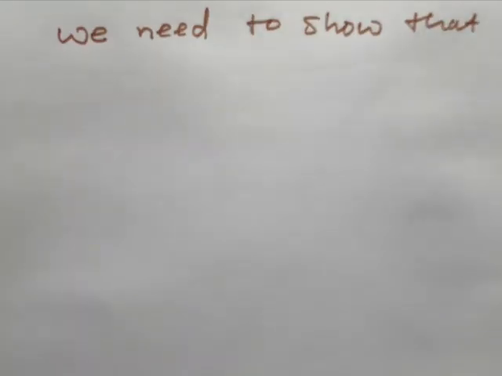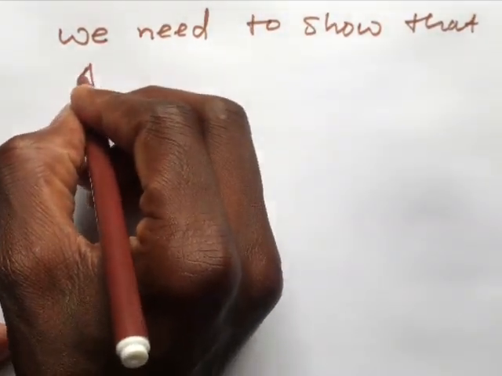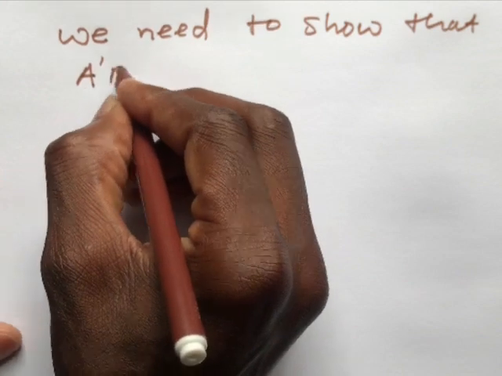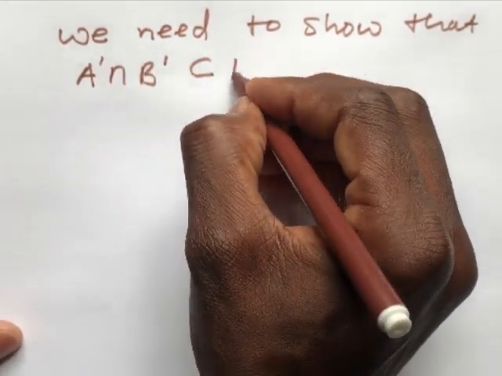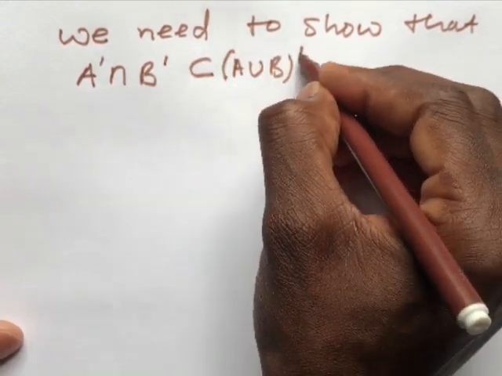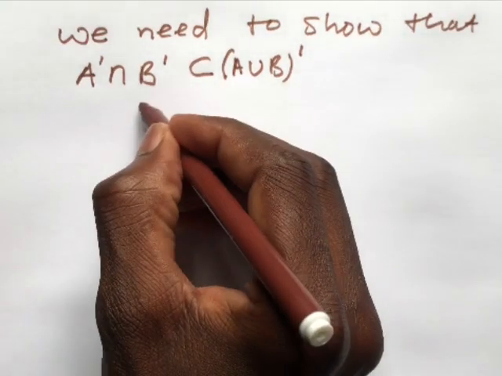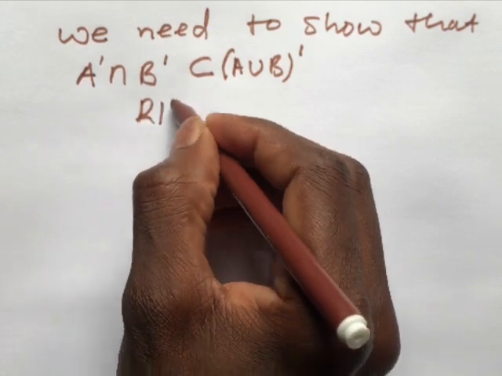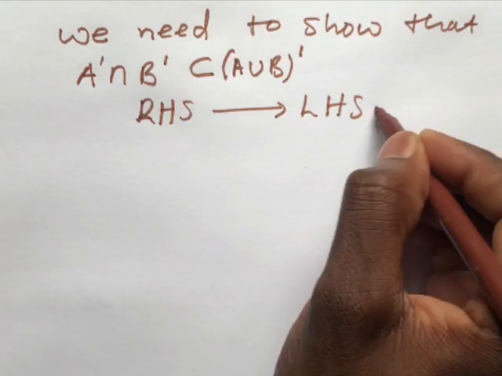Since we are moving from the right hand side going to the left hand side, I'll say A complement intersection B complement has to be a subset of (A union B) complement. I'll put this inside the brackets and say complement. Now we are moving from the right hand side going to the left hand side.